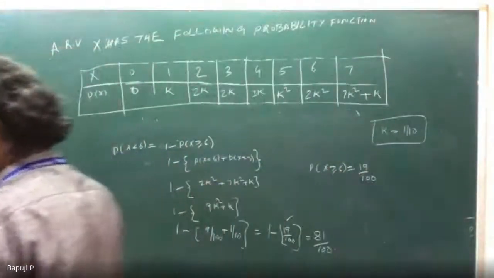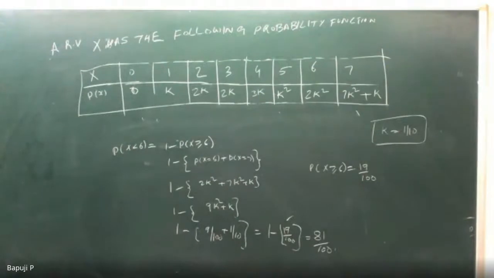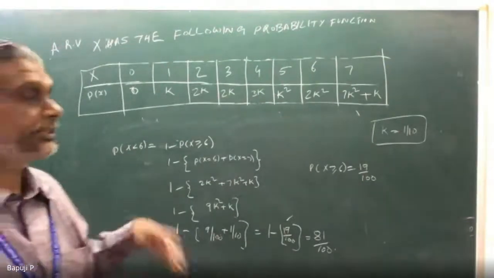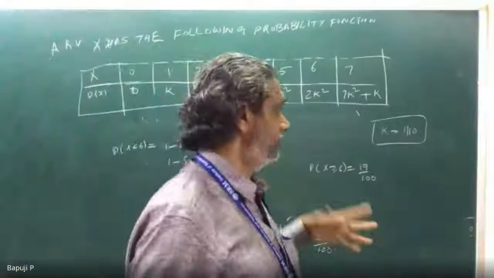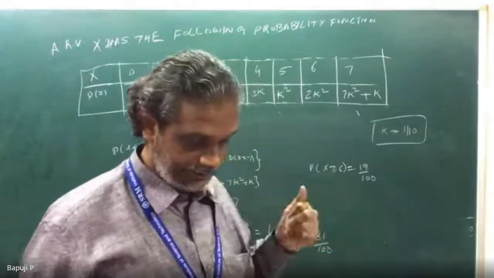Now next. Next is what? Probability 0 less than x less than 5.